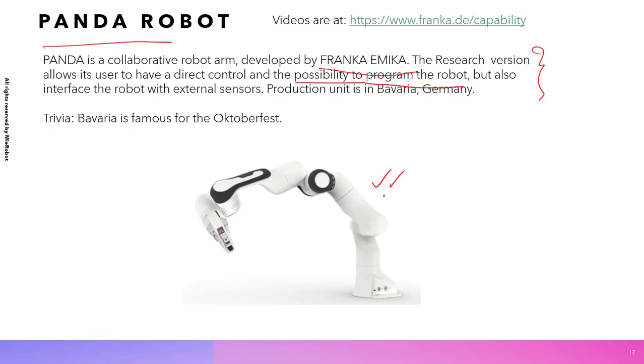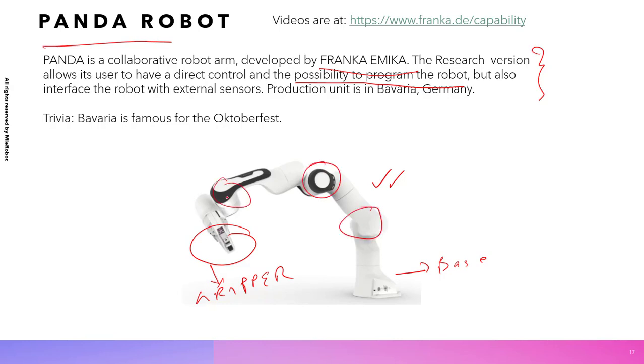And this is how it looks. There is this base, and here is the gripper, which would actually do the work. And here are the movements which you can see. So there are multiple movements.